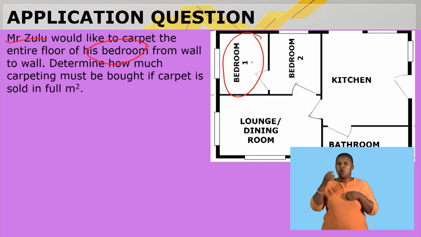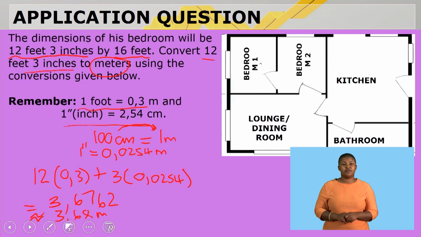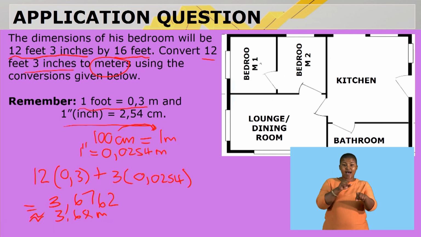That is the bedroom that we will be using. Now remember, we need to use the dimensions of the previous question. It's going to be the 12 feet 3 inches and the 16 feet.